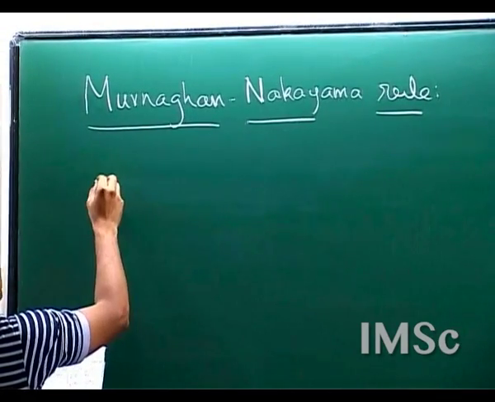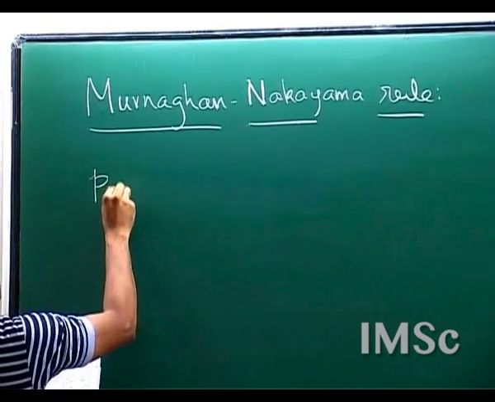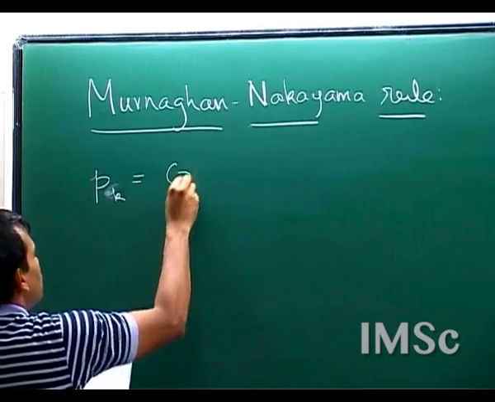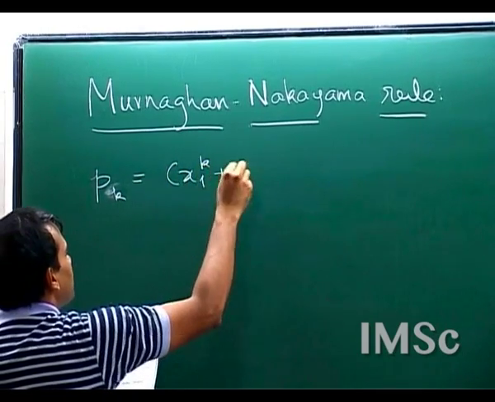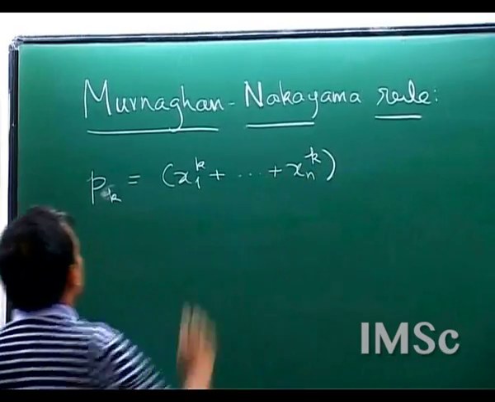So let me just remind you firstly what is a power sum symmetric function. You define Pk to be x1 to the k plus x2 to the k plus so on up to xn to the power k.